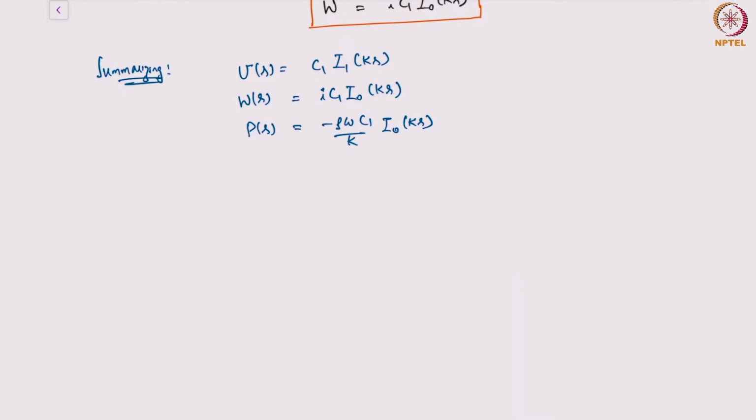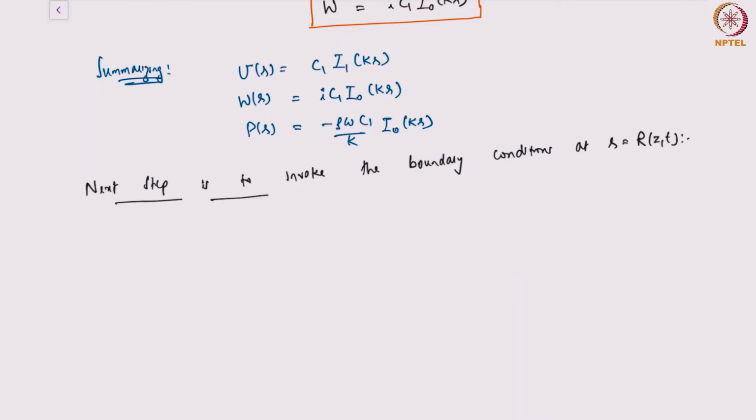So the next step is to invoke the boundary conditions at R equals capital R of Z comma T. Note that we have already invoked the boundary condition at R equal to 0 to get C2 equal to 0, right?